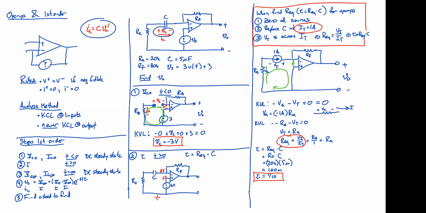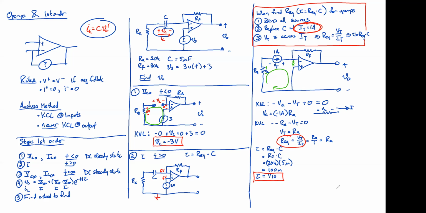For op-amps, you're always better off using a test current instead of a test voltage. You put in your test current up here, and then you measure the voltage across that test current. You take its ratio, and that's defined to be your REQ. Thumbs up? Got it. Thank you.